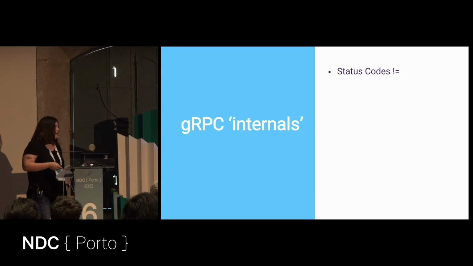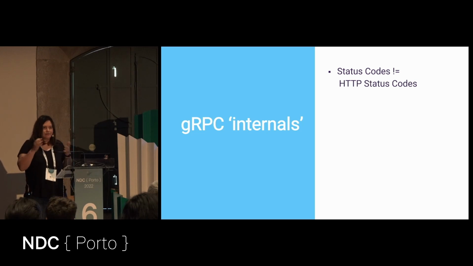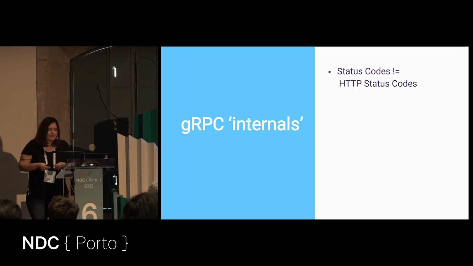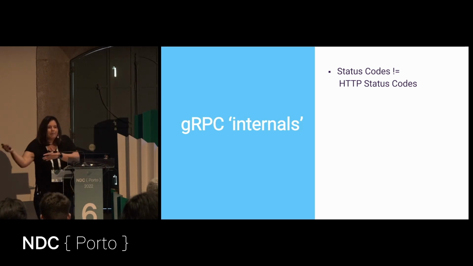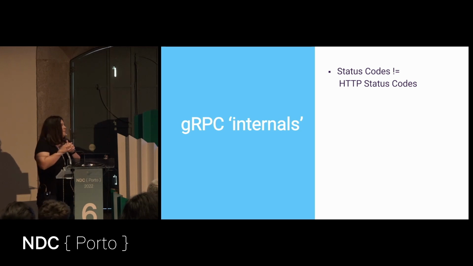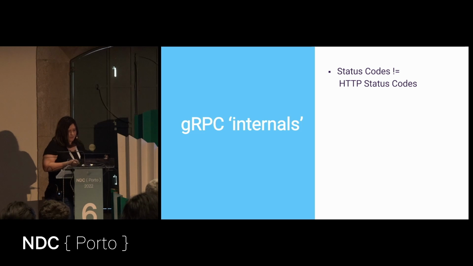Well, in gRPC, that status code that we all know is not the same. gRPC has its own status codes that it's up to you to map to the response. For example, you might get 200 OK over the entire response, but for the specific gRPC request, you might get an exception. It's still a valid scenario.